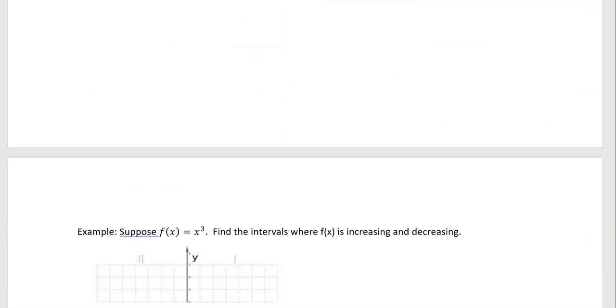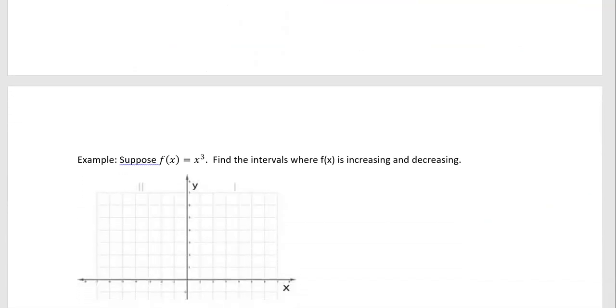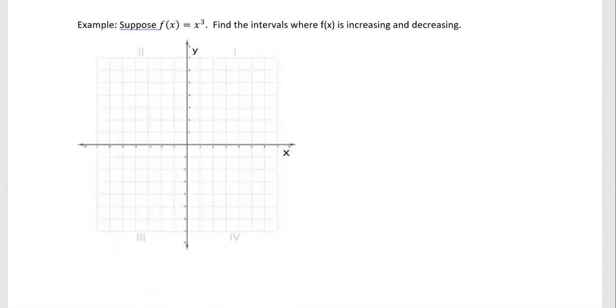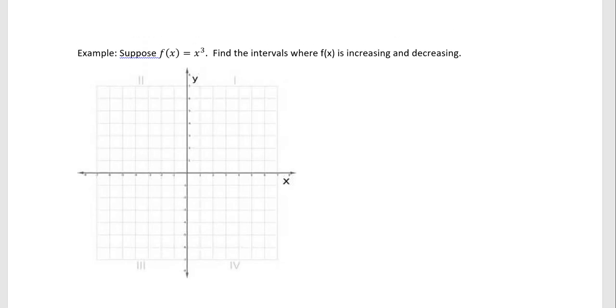All right, so let's do one more kind of easier one, okay? And that's f of x equals x cubed, and let's find out where it's increasing and decreasing, and find extrema, okay?